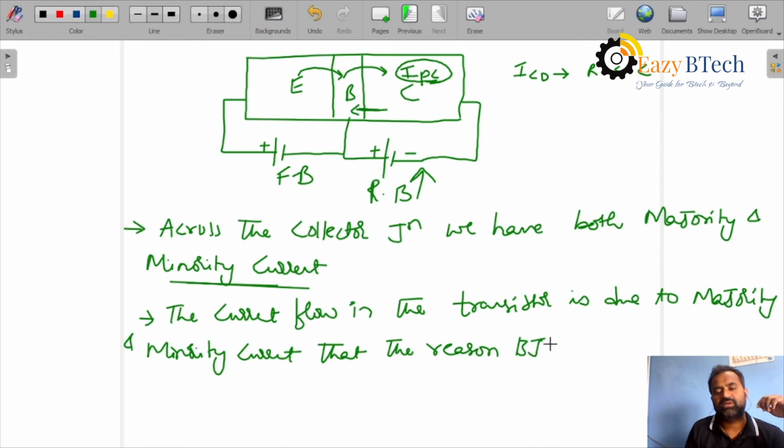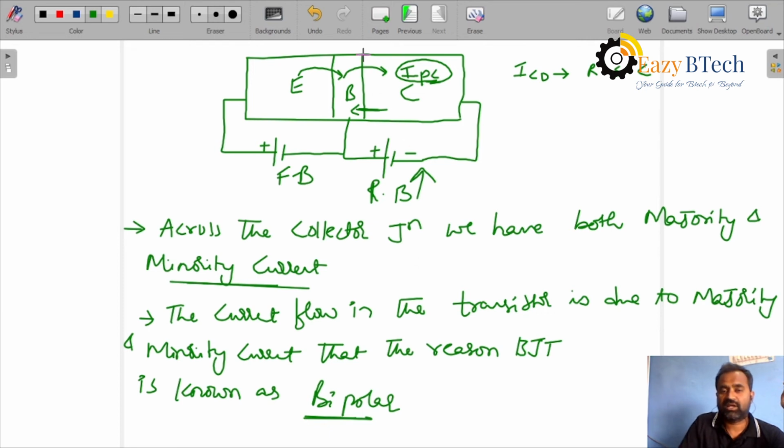BJT is known as a current control device, and BJT is also known as a bipolar device. It is named bipolar because across the collector junction we have the majority current and minority current. The current flow through the transistor is decided by both, which is why it is named a bipolar device.